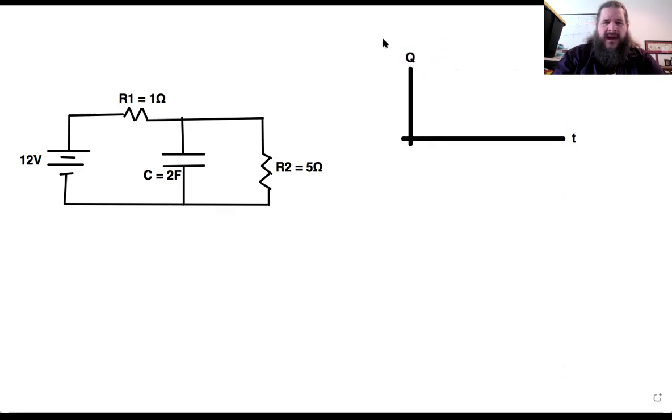And let's also make a graph of current through each resistor as time passes. So this second one is going to have two curves on it, current through resistor 1 and current through resistor 2. Any questions on the setup so far?